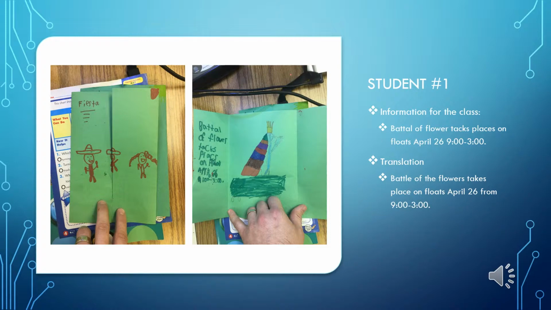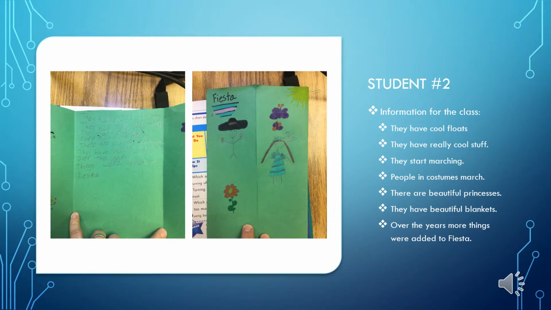After using the KWL chart and taking what we learned from our research, we started developing our pamphlets. Originally, I had asked them if they wanted to write sentences that I would later put onto a printout, but they decided that they wanted to create their own with their own writing and with their own art.